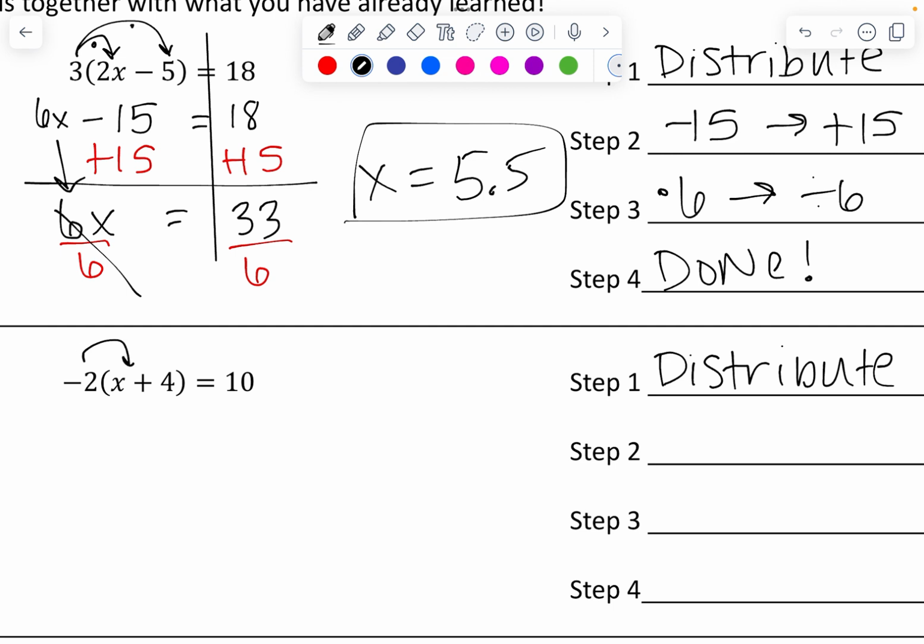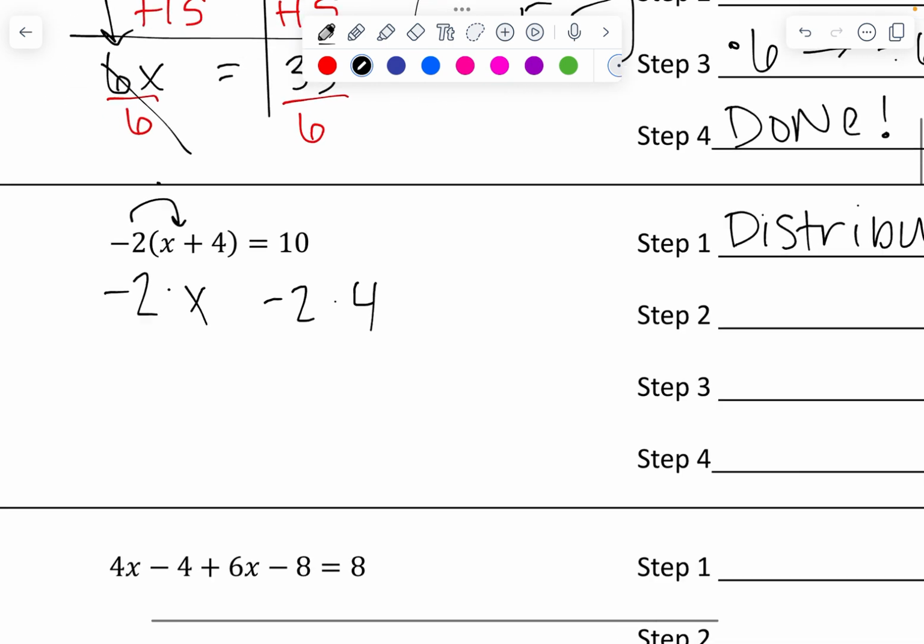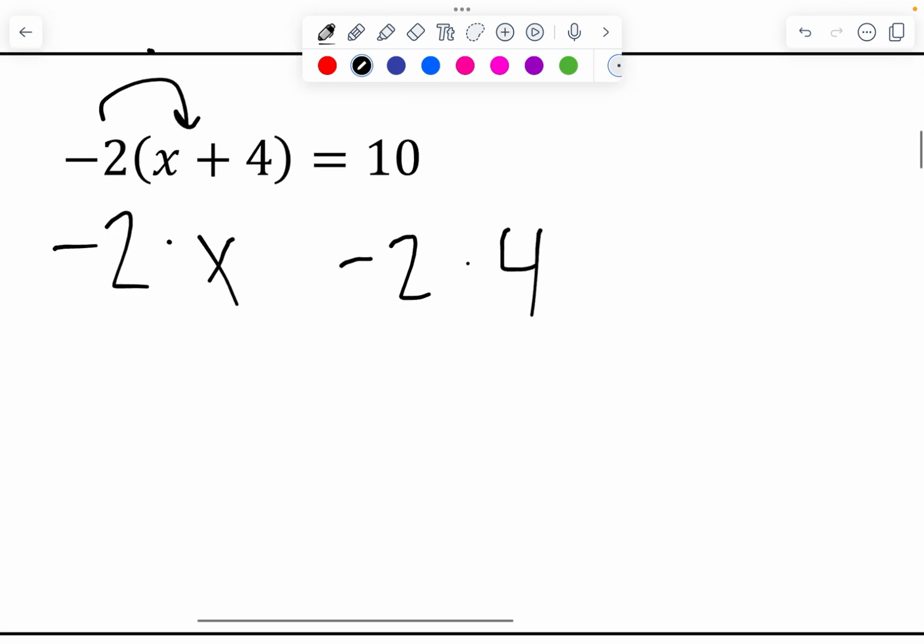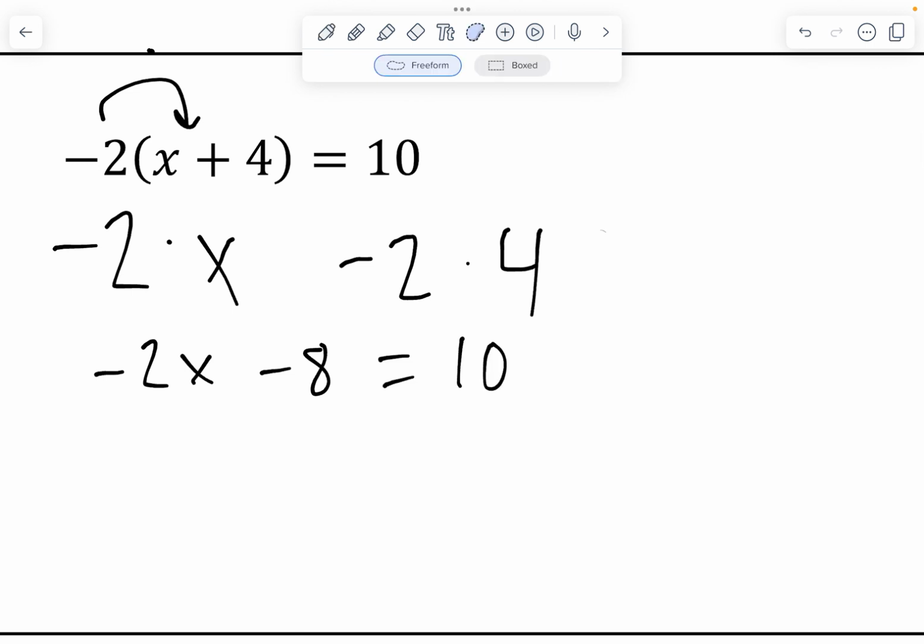So we're going to multiply -2 times x, and then -2 times 4. So this is just -2x minus 8. We'll bring down the equals and bring down the 10.